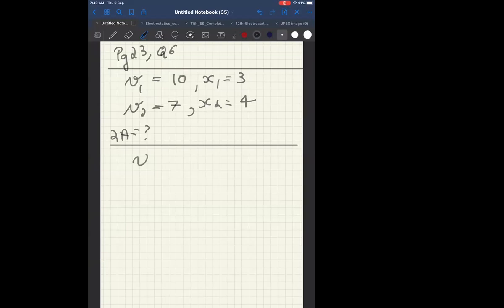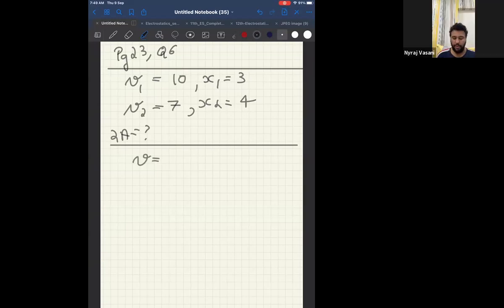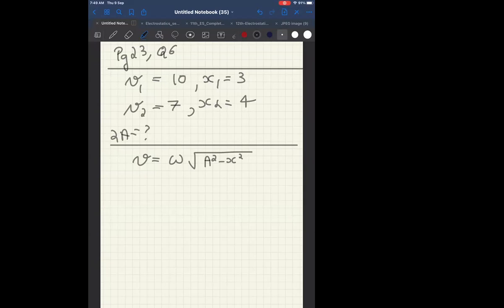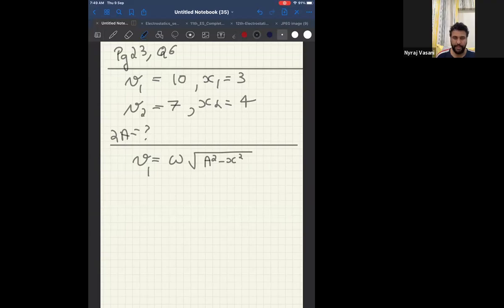Now, I know V is equal to omega into root of a square minus x square, correct? Therefore, I have V1 is equal to omega root of a square minus x1 square. Why am I not taking a1 and omega 1?